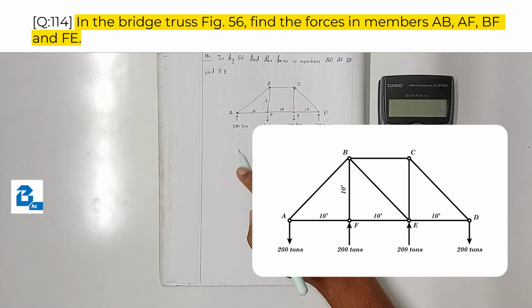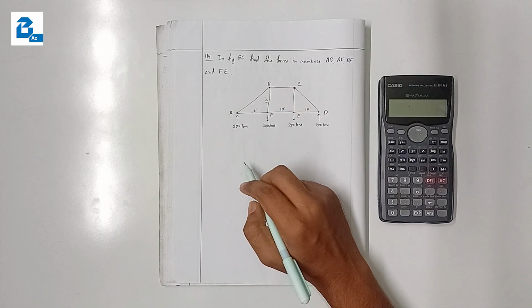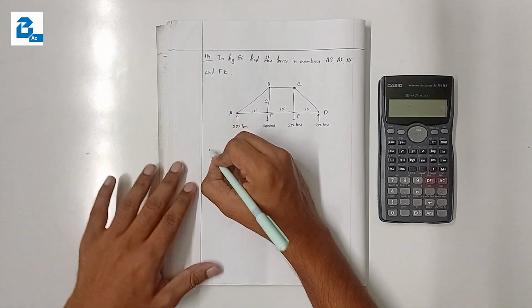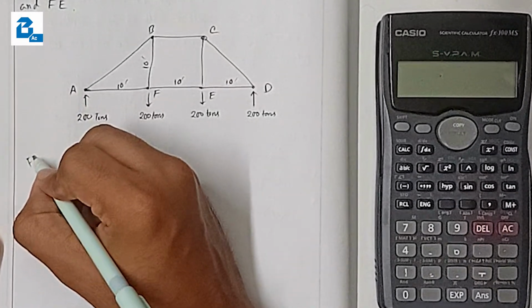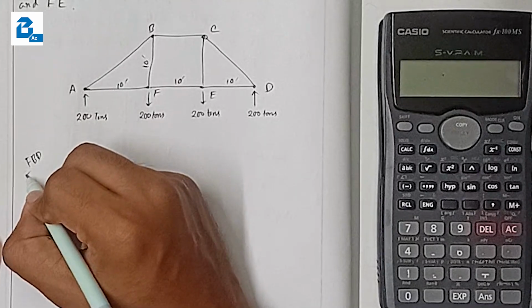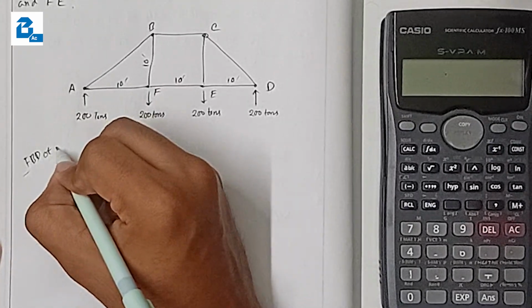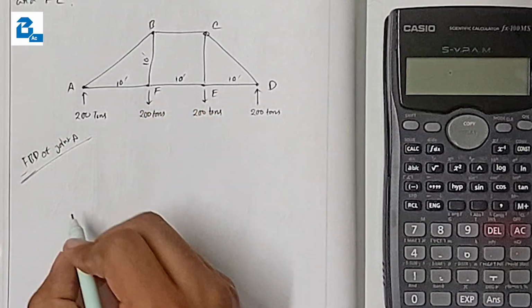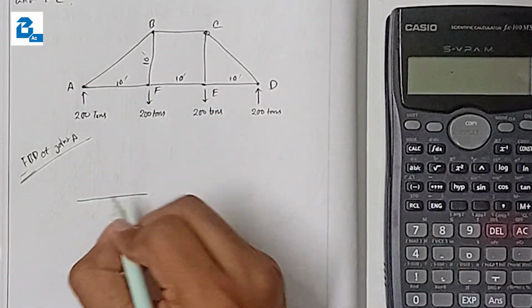Okay, to solve this problem let's draw a free body diagram, or FBD, of joint A. It looks something like this.